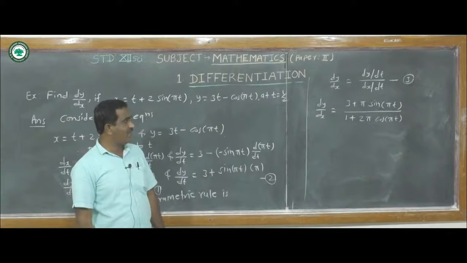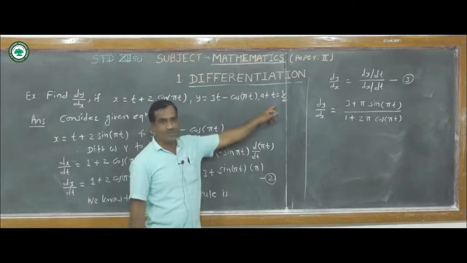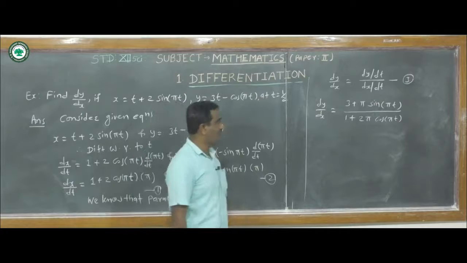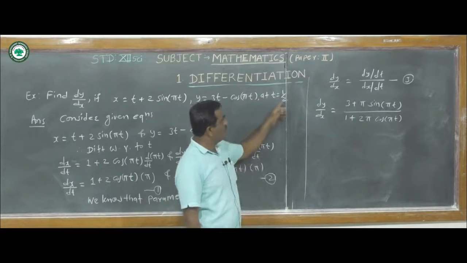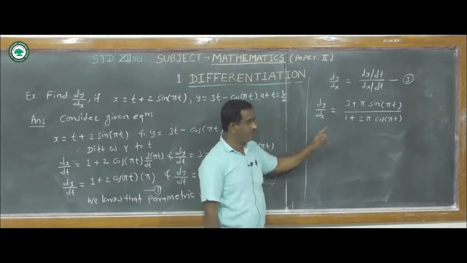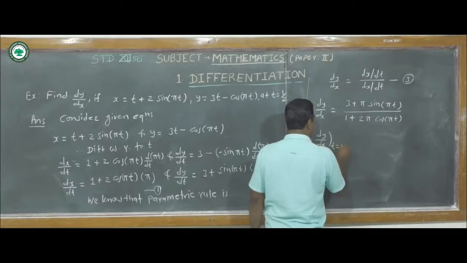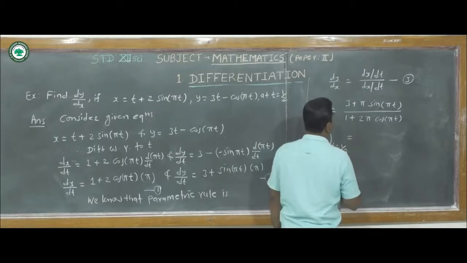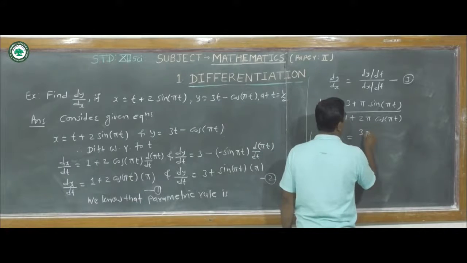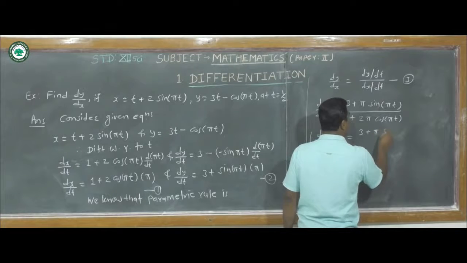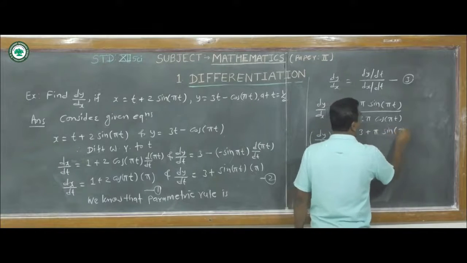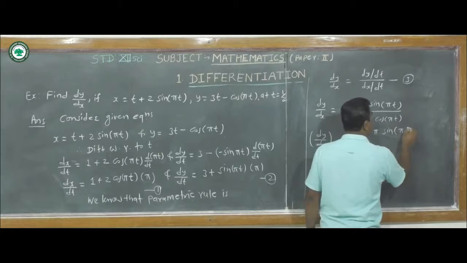Now we have to find dy by dx at t equal to 1 by 2. Therefore put t equal to 1 by 2 in this equation. That is, dy by dx at t equal to 1 by 2 is equal to 3 plus pi into sine of pi into the value of t, which is 1 by 2.